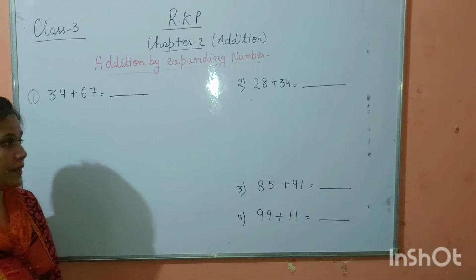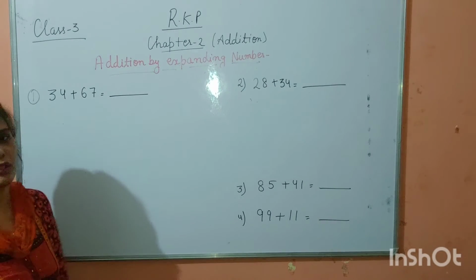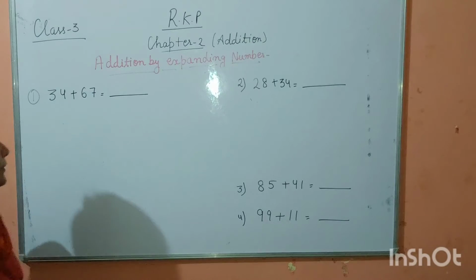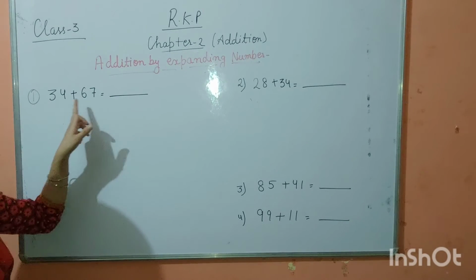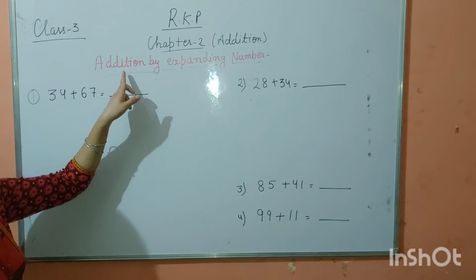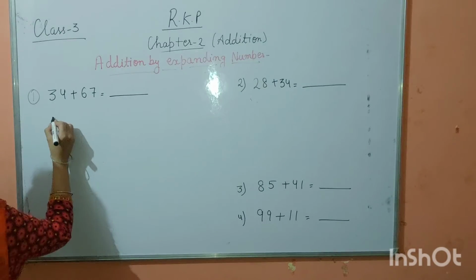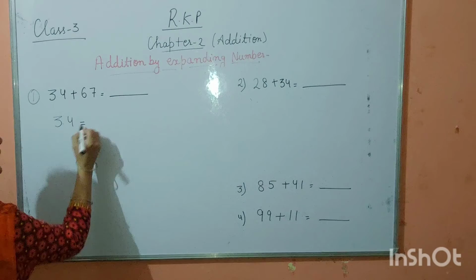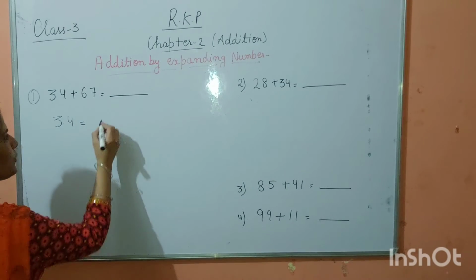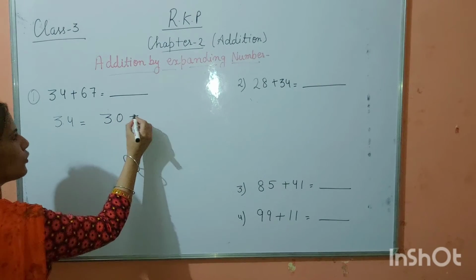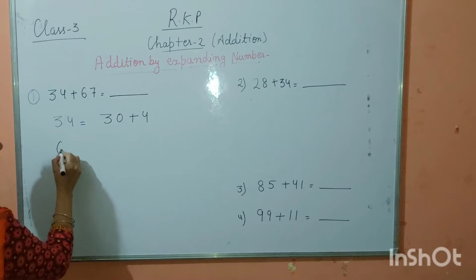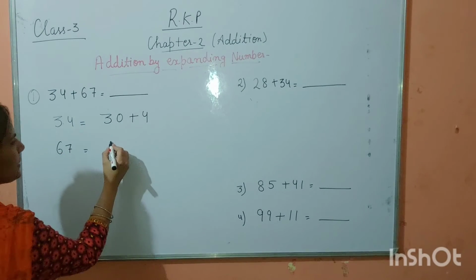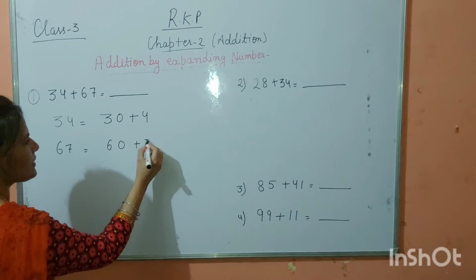So students, here we will take some more examples to make this clear. Okay. You are given 34 plus 62 and you have to add by expanded form. Now first of all, 34, when you write in expanded form, what will you get? 30 plus 4 and 62 will be 60 plus 2.